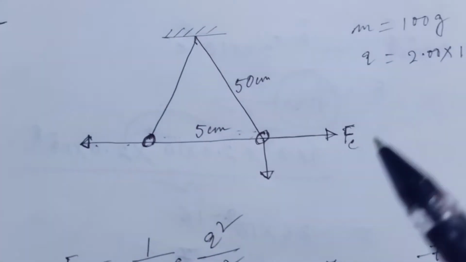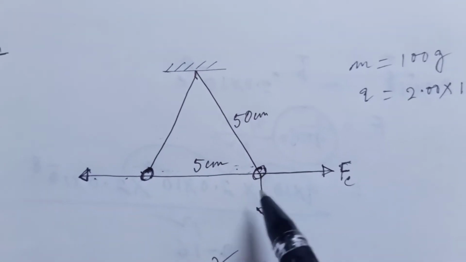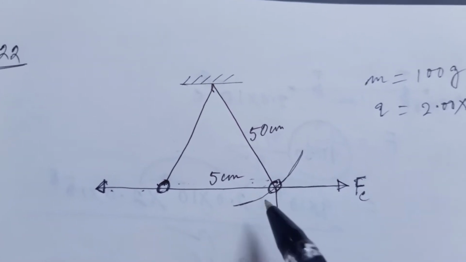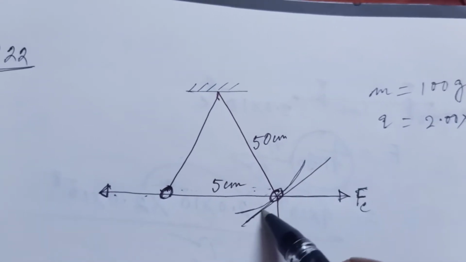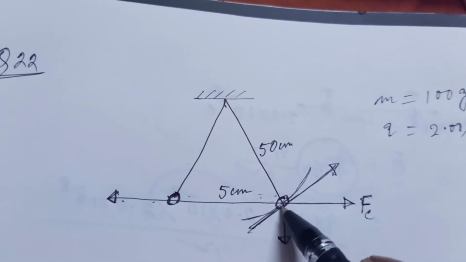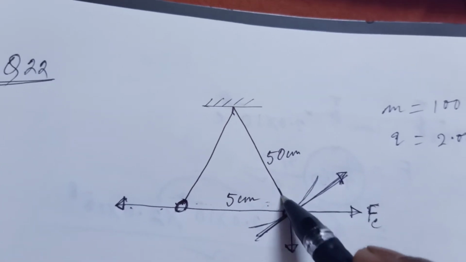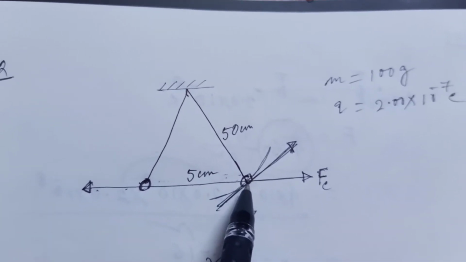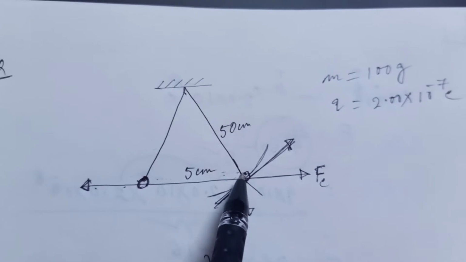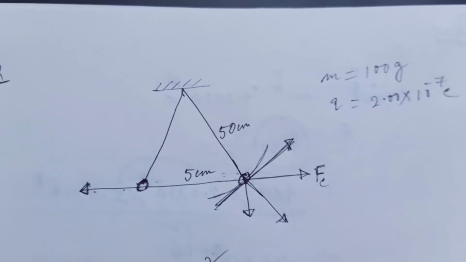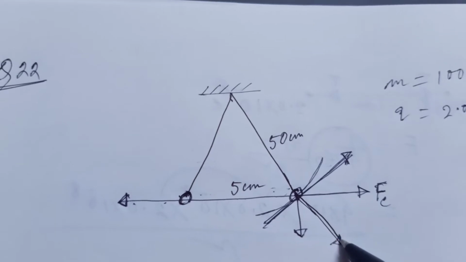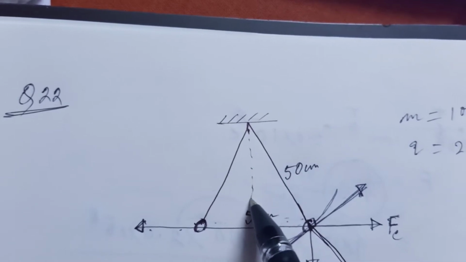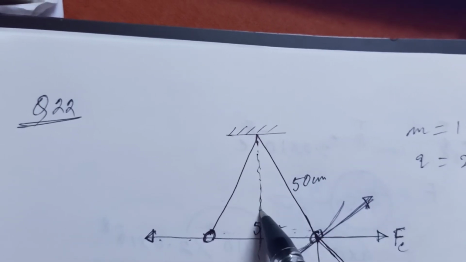When this and this repel, then it goes along this direction. If we draw a tangent, then it goes along this direction, and this will be perpendicular to this one. You have to calculate these two components along that particular direction.